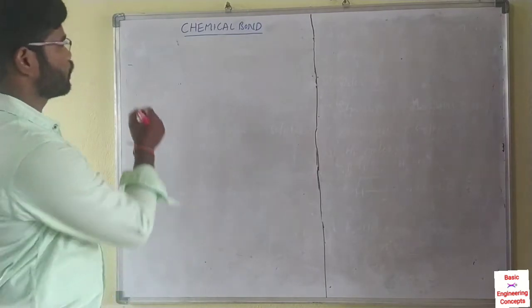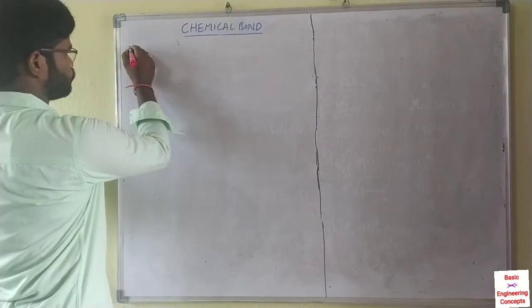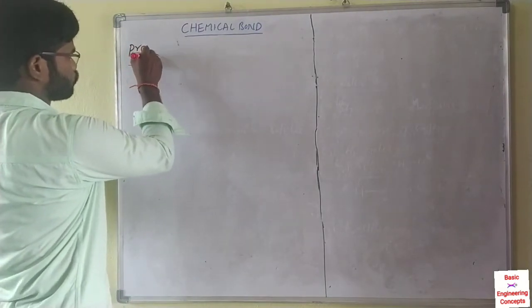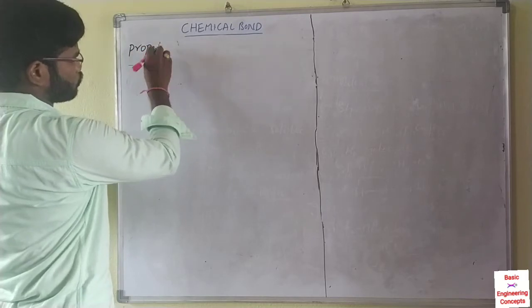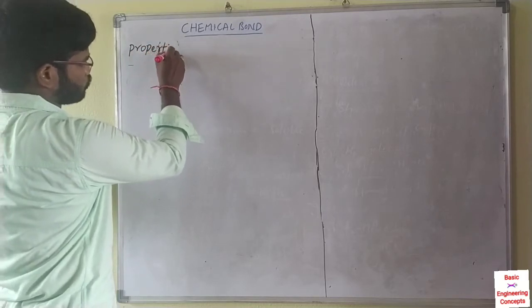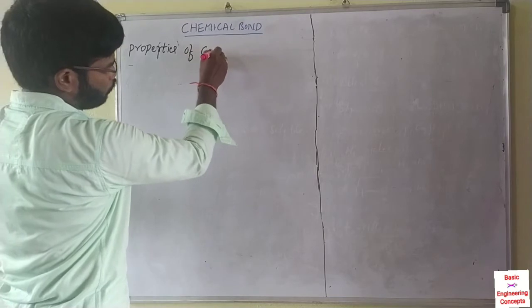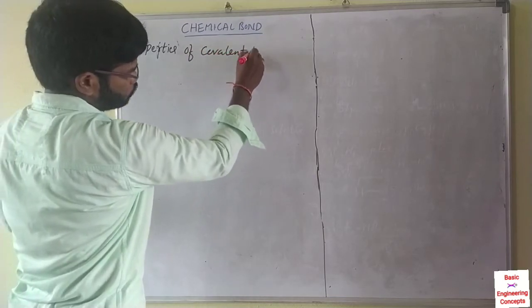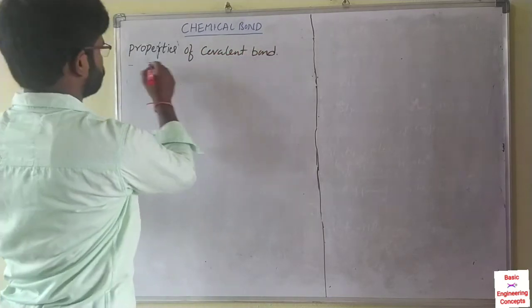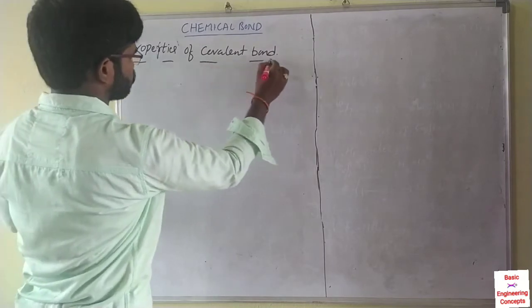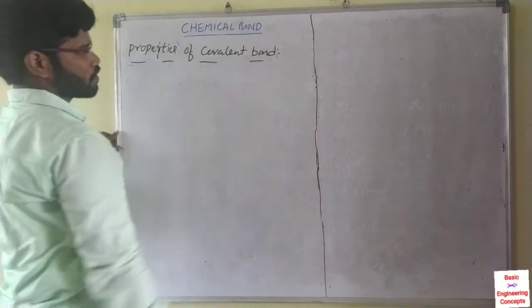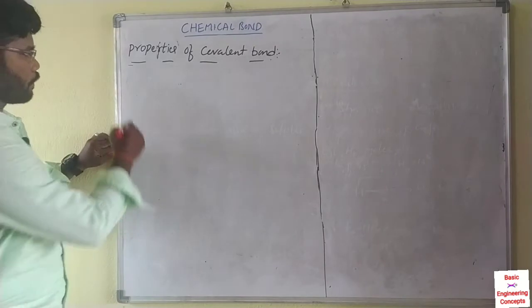Next topic is properties of covalent compounds. They are the opposite of ionic compound properties.